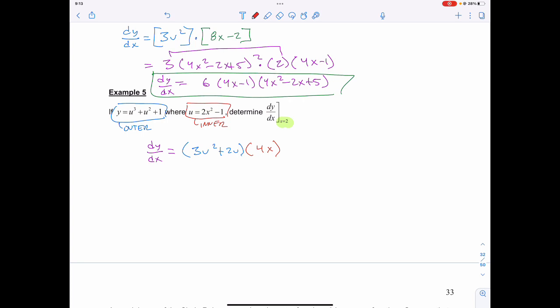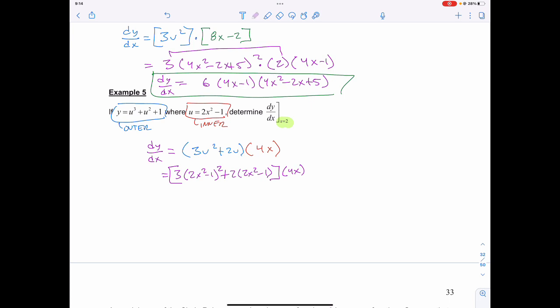We know what u is equal to, so we're going to state that that is going to equal 3 times 2x squared minus 1 squared plus 2 times 2x squared minus 1. And all of that is getting multiplied by 4x.